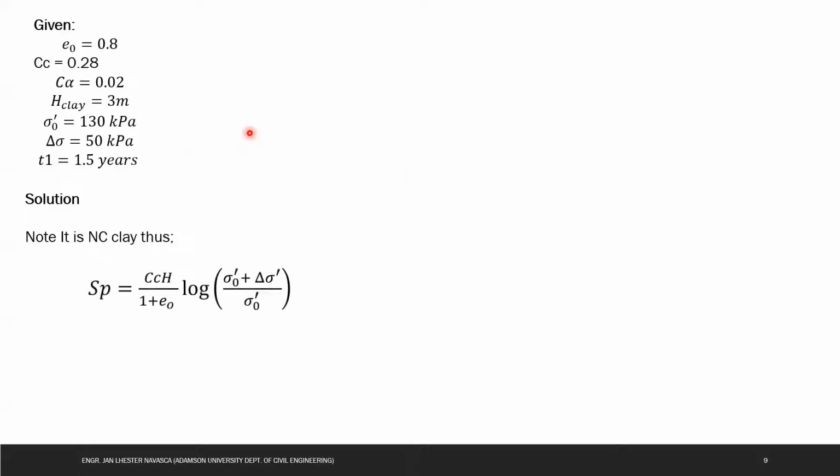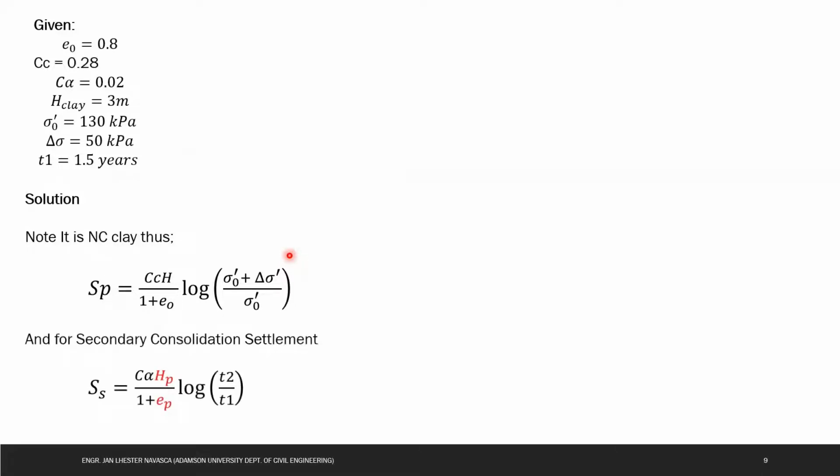Thus, our formula for the primary settlement is given by this equation for normally consolidated clay soil. Just plug in all the values. And for the secondary consolidation settlement, we also have this formula.